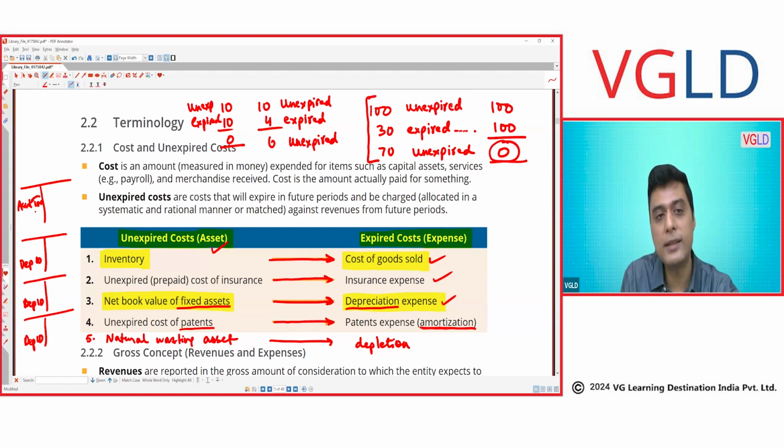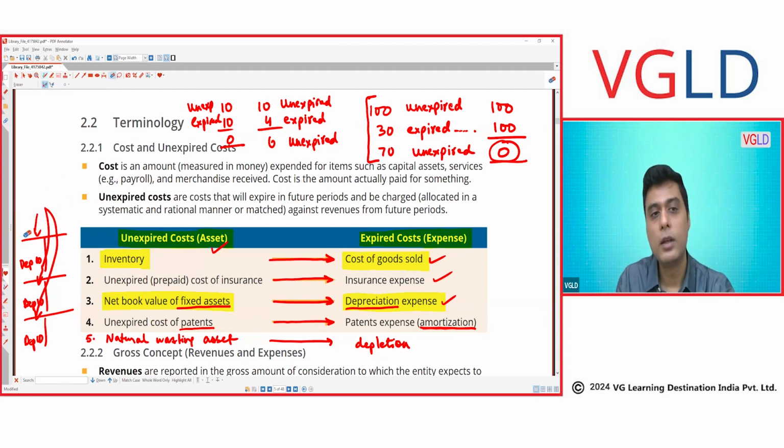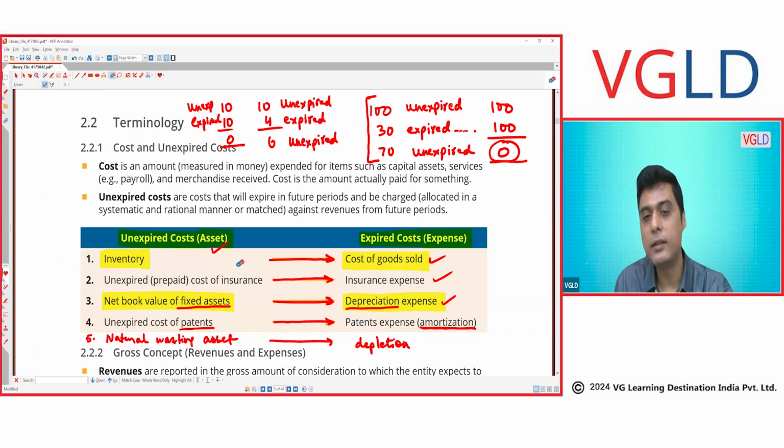Eventually, the whole asset will go into the income statement as depreciation, right? So from the asset to the income statement is the route or the path that they will take.